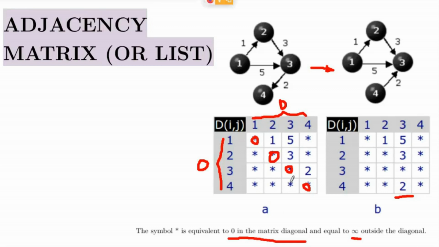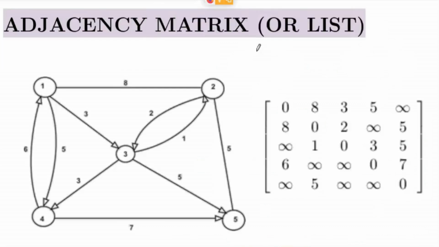Then the other stars outside the diagonal of this matrix are infinity. Why? Because the total cost of going from 2 to 1 is infinity. The weight is the highest value possible, right?